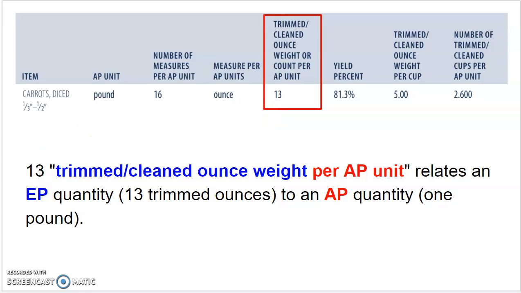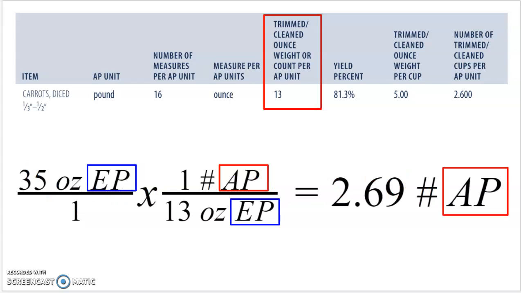It is 13 trimmed ounces to an AP quantity of 1 pound. We can use that to convert our 35 ounces of EP into pounds of AP. So 35 ounces EP becomes 2.69 pounds AP.